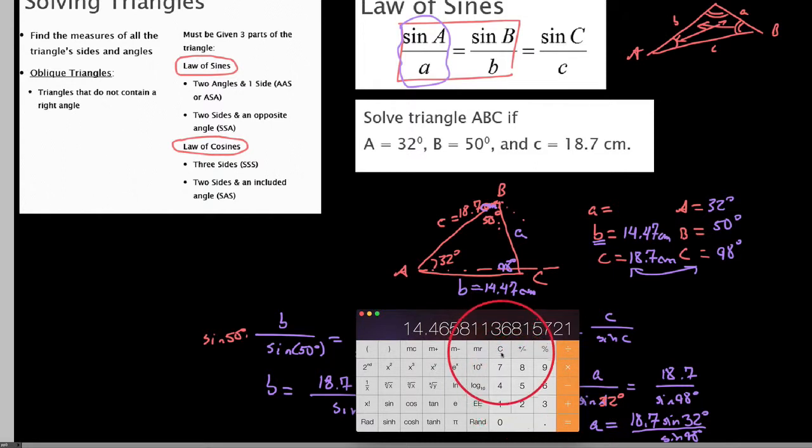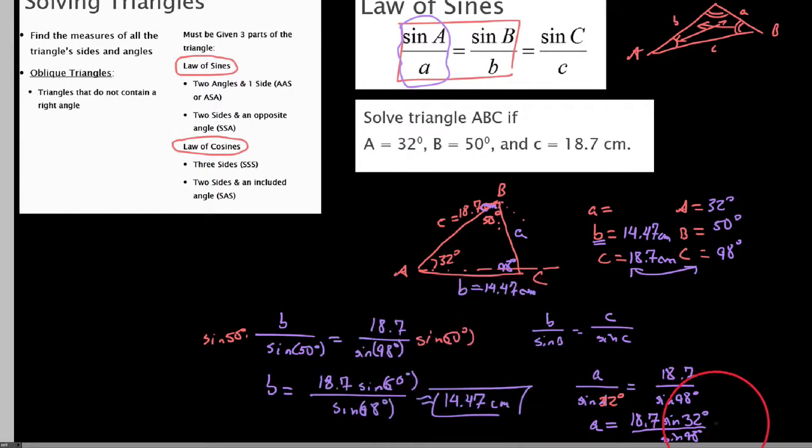So 32, sine, times 18.7, equals, divided by, in parentheses, the sine of 98, equals 10.01. So this is approximately 10.01, and it was indeed in centimeters, and it was indeed less than what we had gotten for our b value, which it should have been.